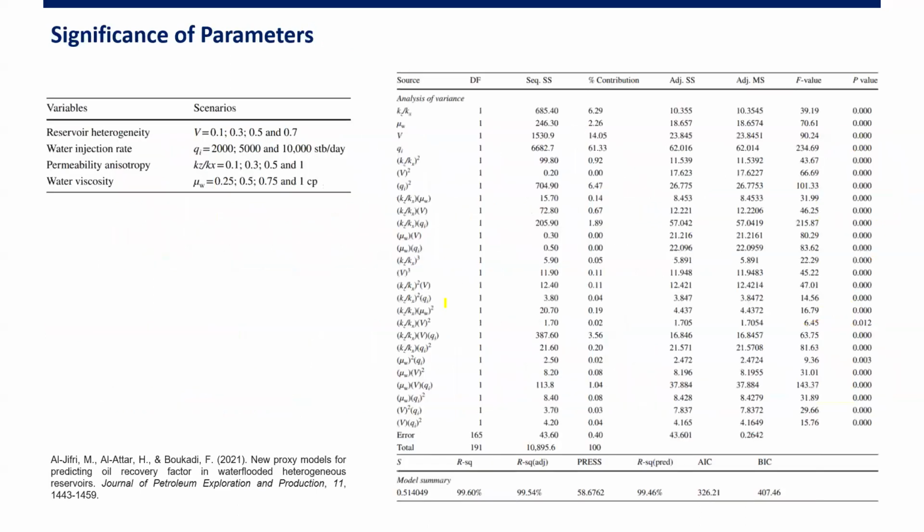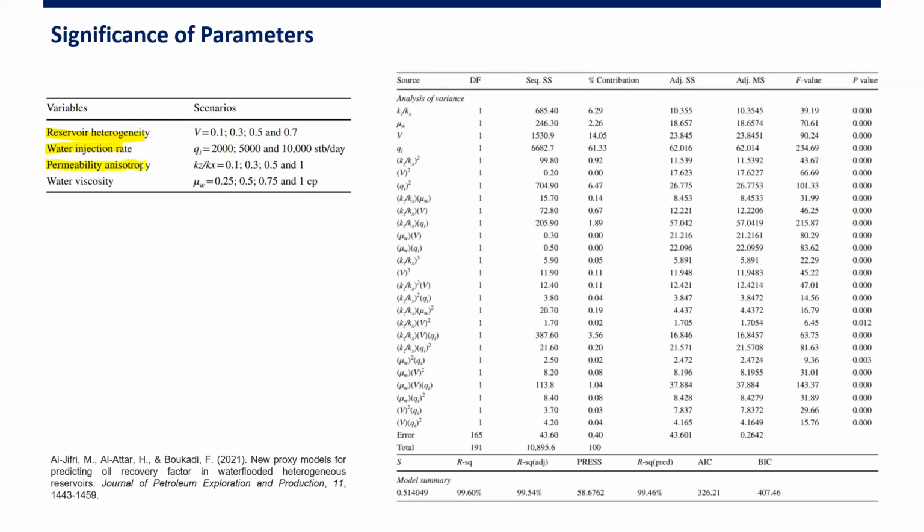Lastly, these are the 4 parameters varied in their study. Reservoir heterogeneity, represented by the Dykstra-Parsons parameter V, of 0.1, 0.3, 0.5, and 0.7. Water injection rate of 2,000, 5,000, and 10,000 stock tank barrels per day.